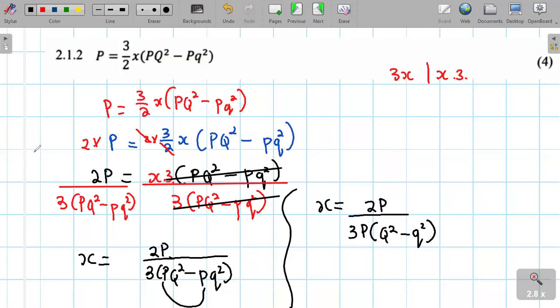I'm seeing something nice. P can cancel P. Then what are you left with? Guys, math is nice. I'm loving this. You are going to be left with x equals 2 over 3 times (q squared minus...). Everything's still correct from here.